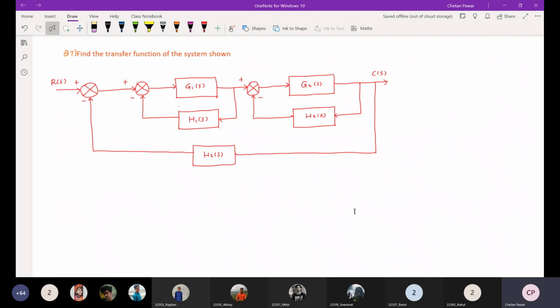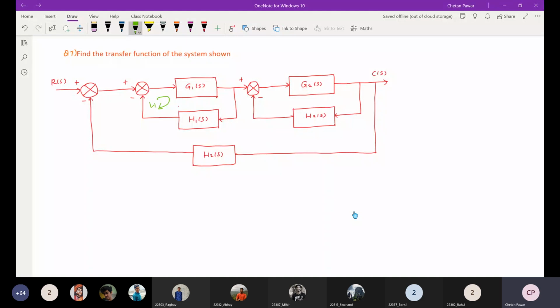Can you reduce those inner loops directly, or do you need to apply some techniques to shift points or summing points? No, sir, directly. Okay, so directly you can apply.